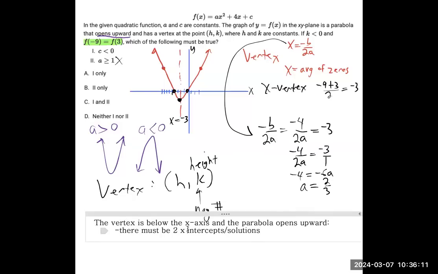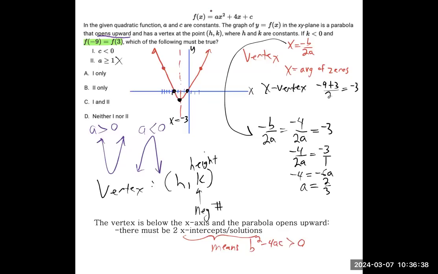Now, why does that matter to us? Because the number of solutions for a quadratic is a reference to the idea of the discriminant. If you have two solutions in a quadratic, it means that the b squared minus 4ac of the quadratic must be greater than 0.